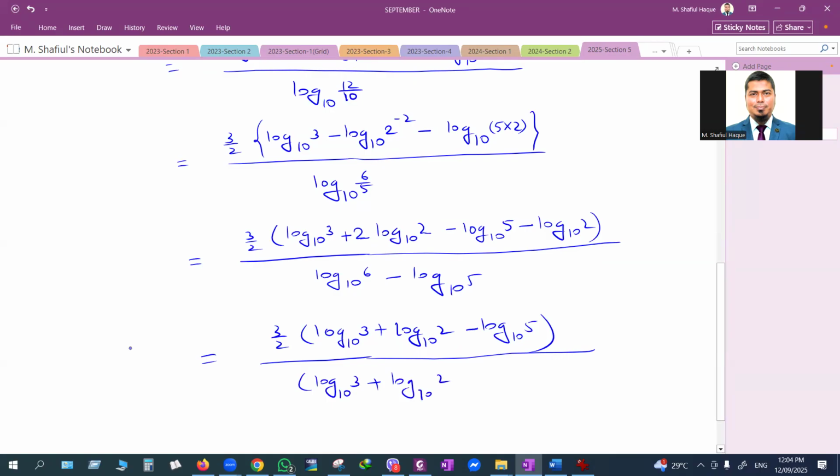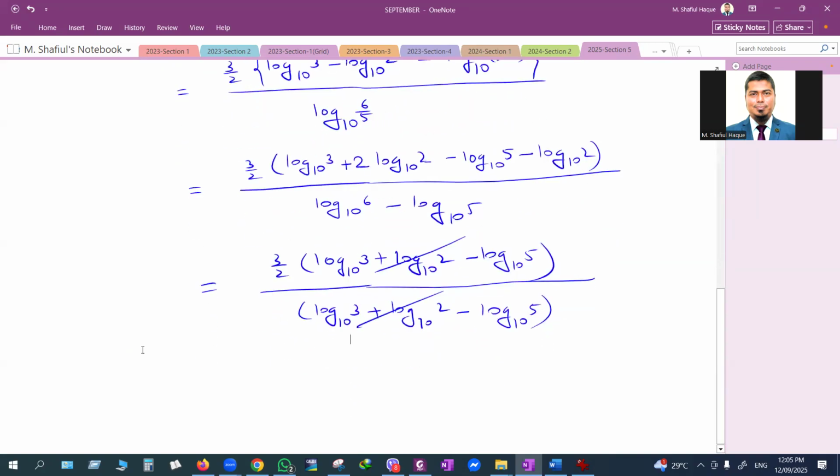There's 6 can be written as 3 into 2. And again, this log base 10 of 5. So we will reduce this log base 10 of 3 plus log base 10 of 2 minus log base 10 of 5. And we will get 3 by 2 as the value of b.